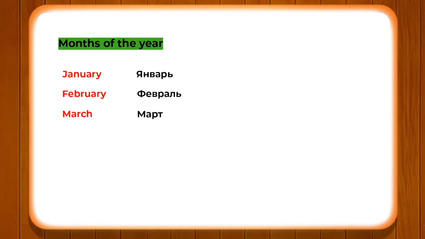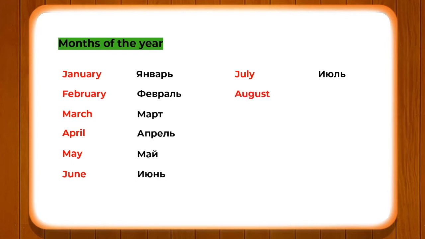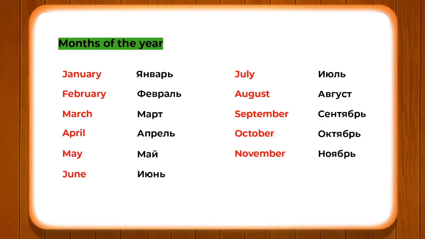As you know, in Russian we have all months defined very well, and now we can talk about these months as January, Январь, February, Февраль, March is Март, April is Апрель, May is Май, June is Июнь, July is Июль, August is Август, September is Сентябрь, October is Октябрь, November is Ноябрь, and December is Декабрь.